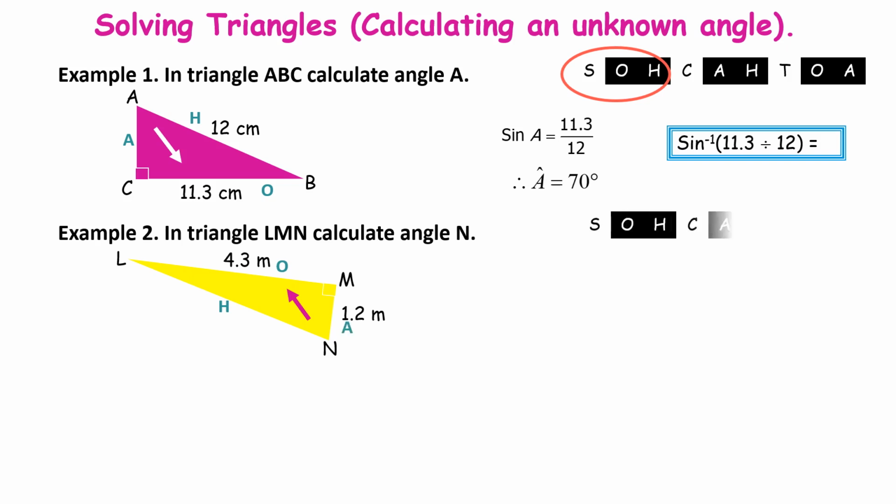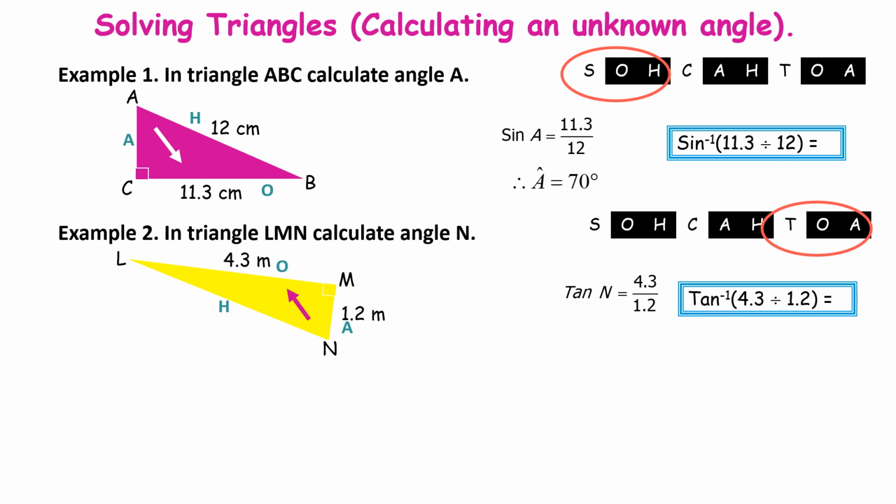So I've been given the opposite side and the adjacent side, so I should use tan to calculate my angle. So if tan is opposite over adjacent, the tan of N is going to be 4,3 over 1,2. And I want to calculate N, I want to calculate the angle. So on my calculator, I'm going to type shift tan, not just tan.